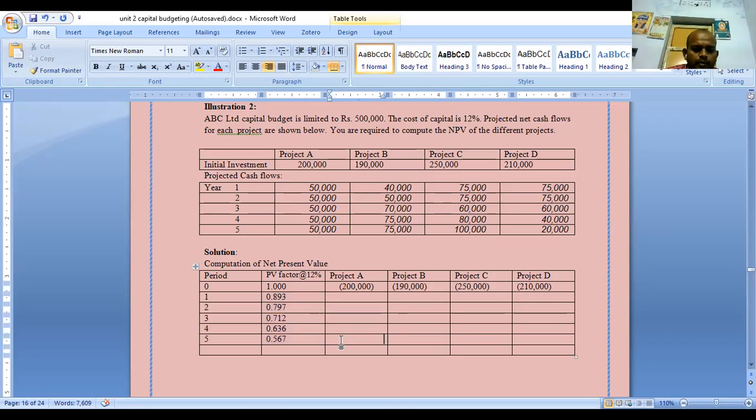So I'm multiplying directly 3.605 into 50,000. So it comes around 1,80,250.